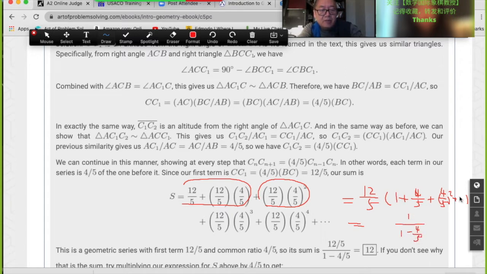This is the sum of this geometric sequence, then times 12 over 5. So this one is 12 over 5 times 1 over 1 over 5, then times 5. So that equals 12, right?